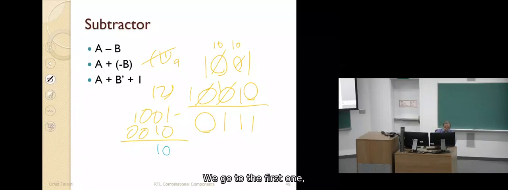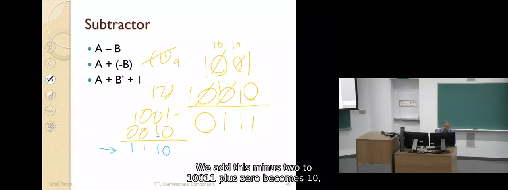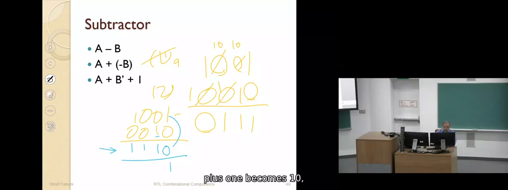We go to the first 1, we keep it, and then negate every other bit. So this is minus 2. So we add this minus 2 to 1, 0, 0, 1. 1 plus 0 becomes 1. 0 plus 1 becomes 1. 0 plus 1 becomes 1. 1 plus 1 becomes 0, and there is a carry.